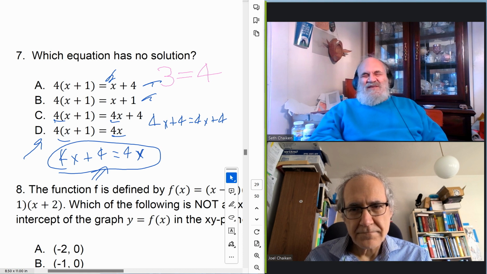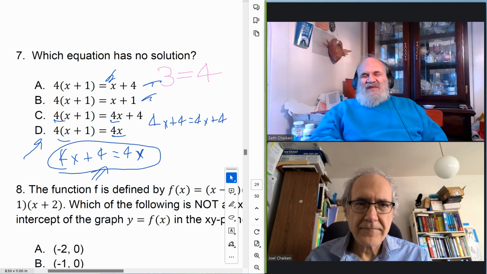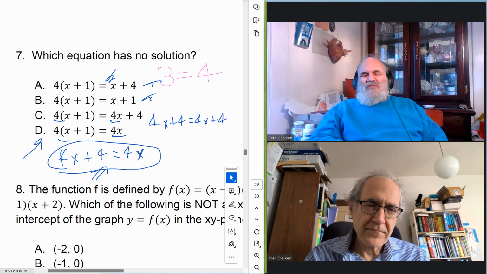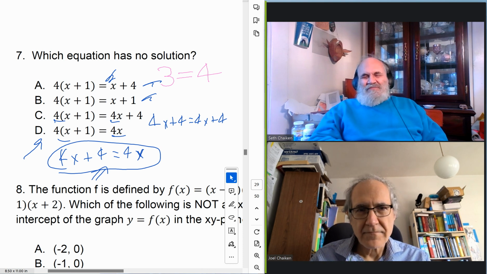And in the case of linear equations, the equations that have more than one solution coincide with the equations for which every x is a solution. Those equations for which every value for x is a solution are called identities.